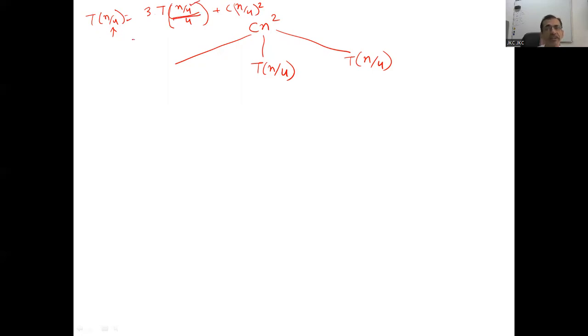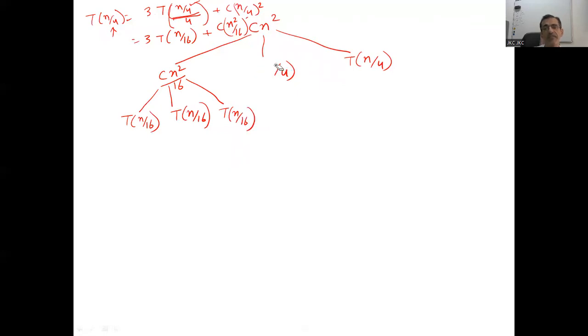Effectively it means 3T(n/16) plus c(n/4) square, which is Cn square by 16. So effectively it becomes Cn square by 16 and T(n/16), T(n/16), T(n/16).